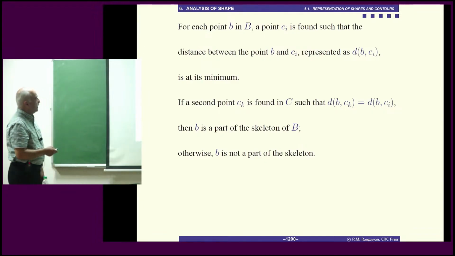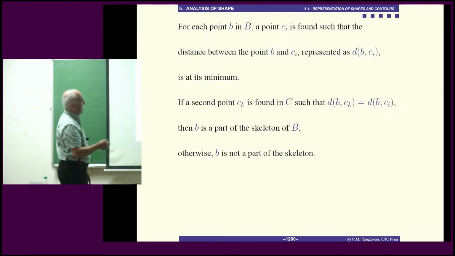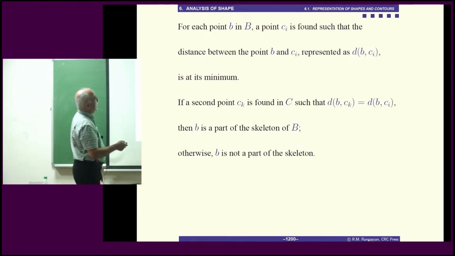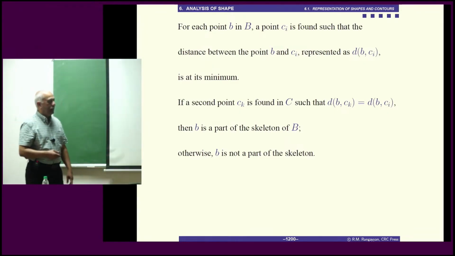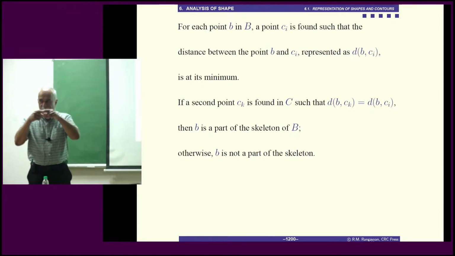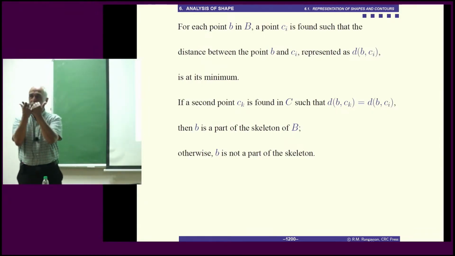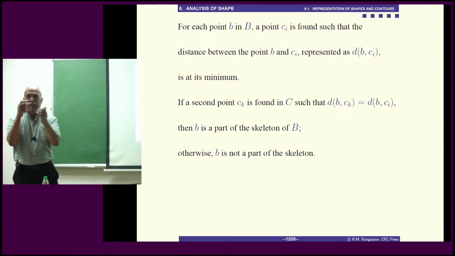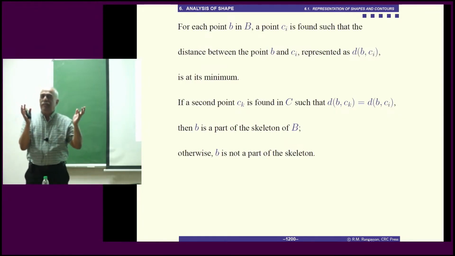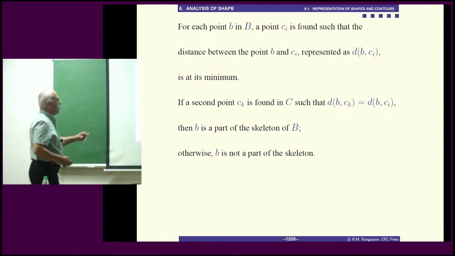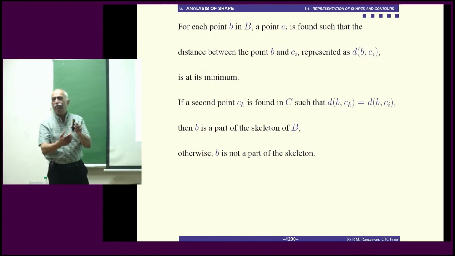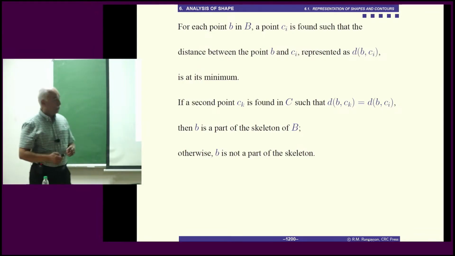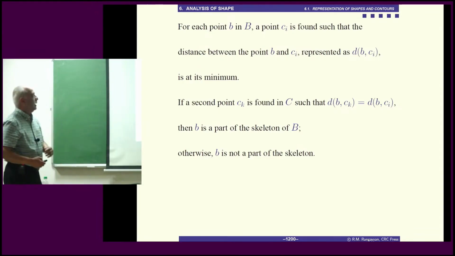If a second point Ck is found such that d(B, Ck) is equal to this, then B is a part of the skeleton of capital B. That is, you're in the middle. There are 2 points on both sides having equal, or similar, we say, in practice. Otherwise, B is not part of the skeleton. So you have to find a line that's somewhere in the middle of that segment and do it for every pixel.